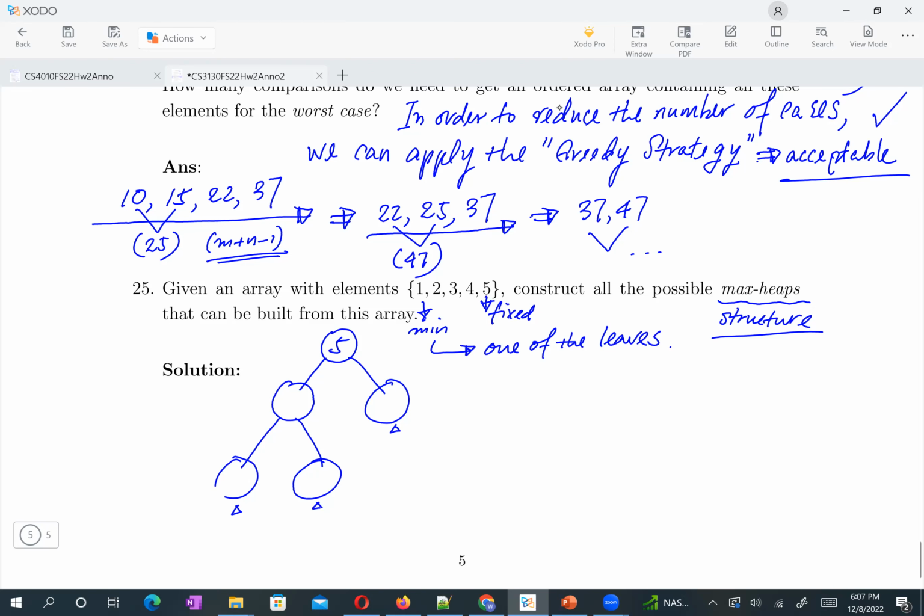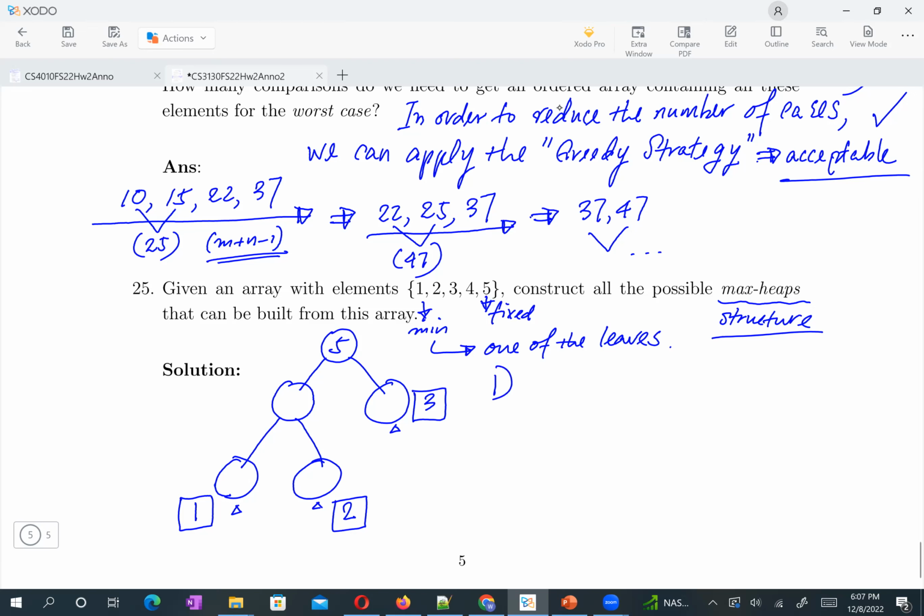Case 1, let me use a square around it. Case 2, 1 is in this location. Case 3, 1 is in this location. So let me go on a few steps for case 1.